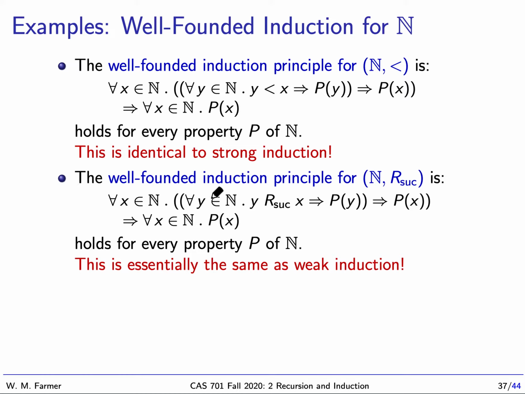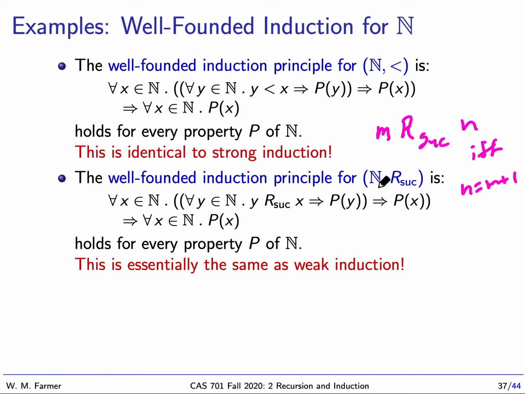Now let's think about well-founded induction for the natural numbers with the successor relation. Remember, the successor relation is that m is going to be related to n if and only if n equals m plus 1. In other words, n is the successor of m. Here we get this induction principle.